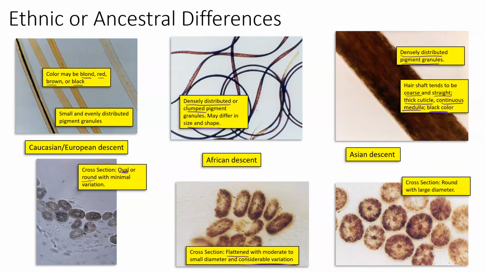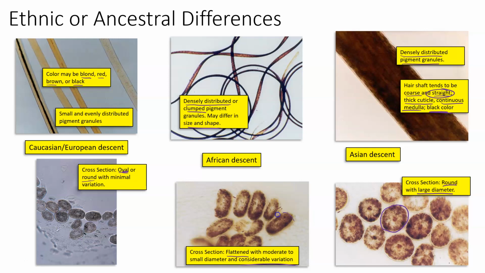But when you look at the cross-section of individuals with the Asian descent, you'll notice that they are very round, they have very large diameters, they are very big, coarse, thick hairs, and because of that, they are very, very straight. Okay? The more circular a hair cross-section, the straighter the hair is on the head, right?